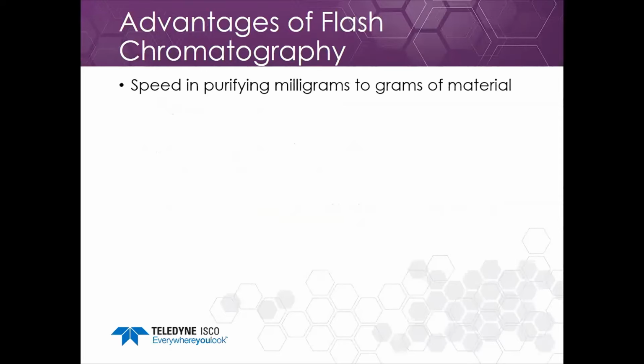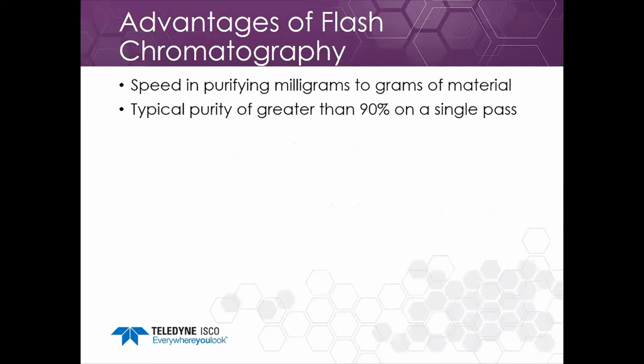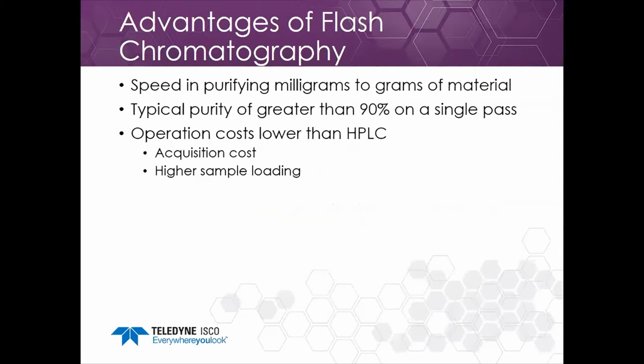The advantage of flash chromatography is that you gain speed, particularly when you're purifying milligrams to grams of material. Typical purity is greater than 90% on a single pass. And the operation costs are significantly lower than HPLC. The acquisition costs of the systems are less. The higher sample loading means that you can do fewer runs, which saves you solvent costs.